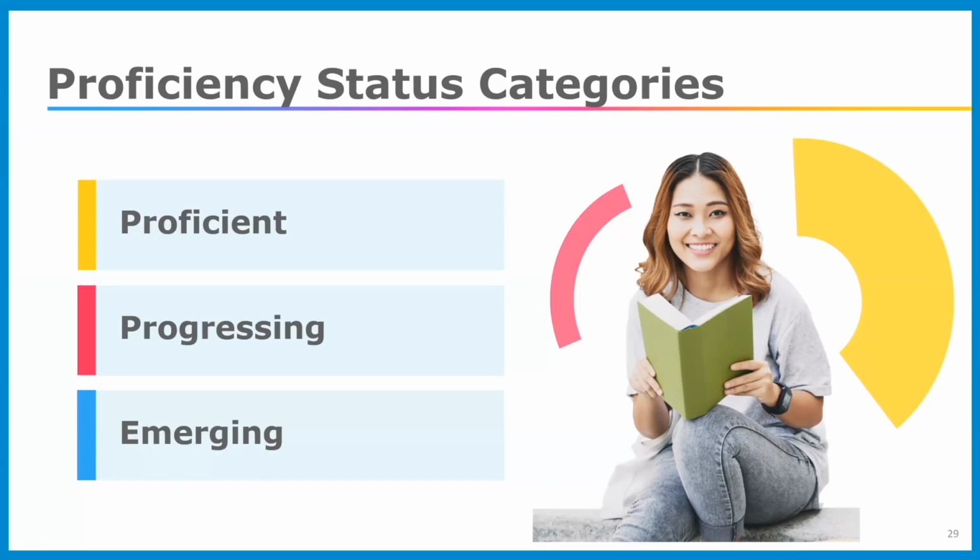These three proficiency categories and their definitions are found in that same box I just showed you on the individual student report. You may also come across the terms proficiency status or proficiency determination. These terms are interchangeable with proficiency category.